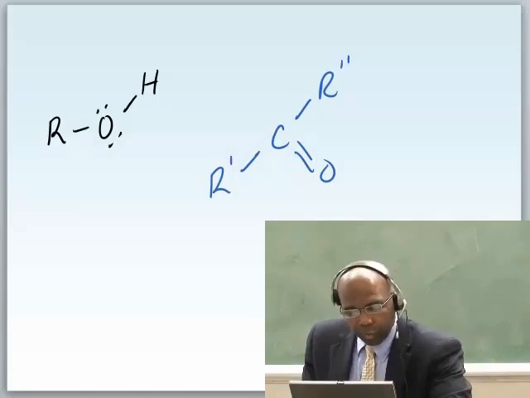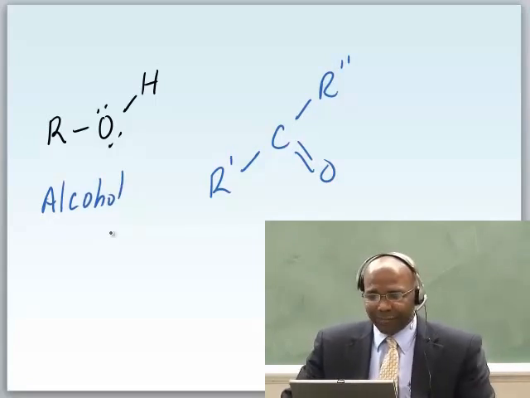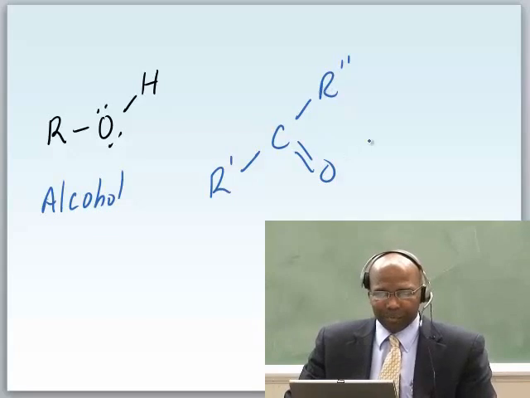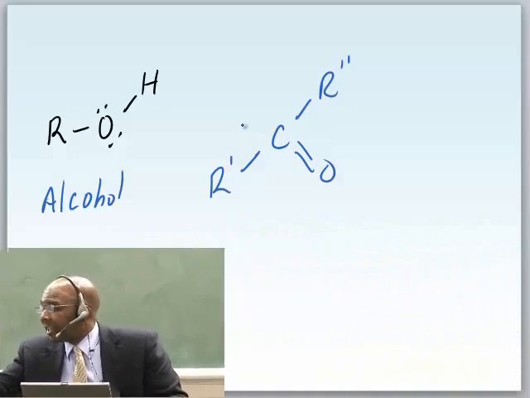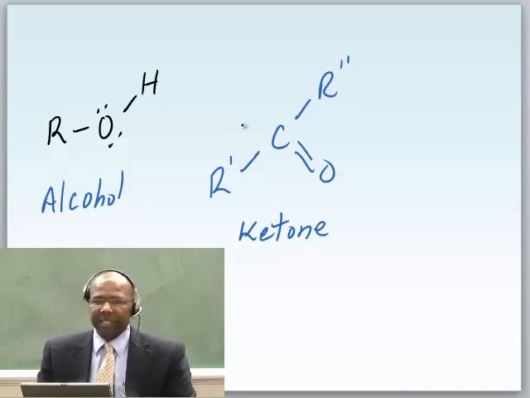Now, we noted this first molecule. What's this functional group? Anyone? That's an alcohol. Now, let's see if you can figure this one out. This is not an aldehyde anymore because there's not an H there. We've put another R there. Does anyone remember what the name of this functional group is? Say that again. A ketone. This is a ketone.